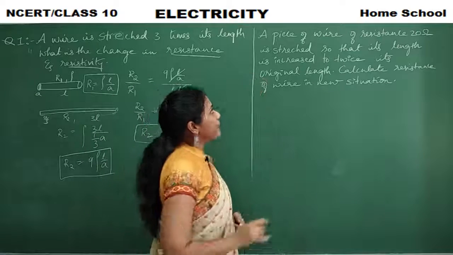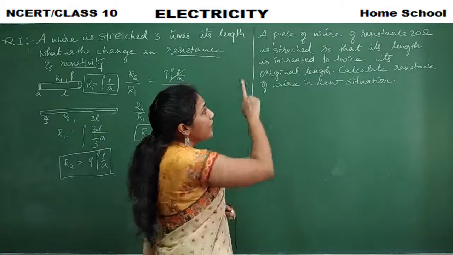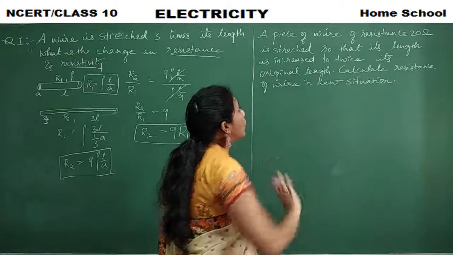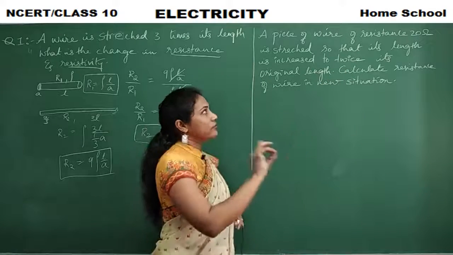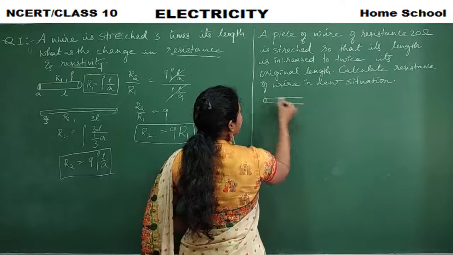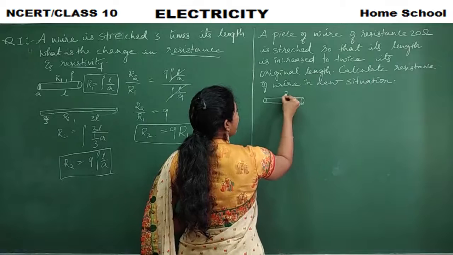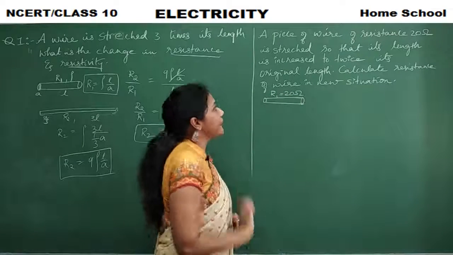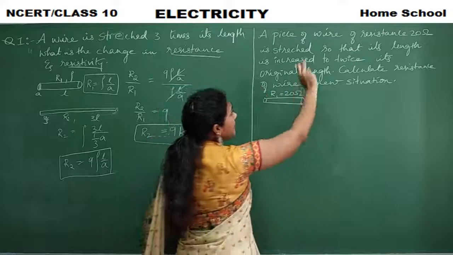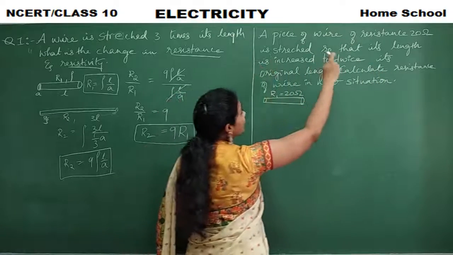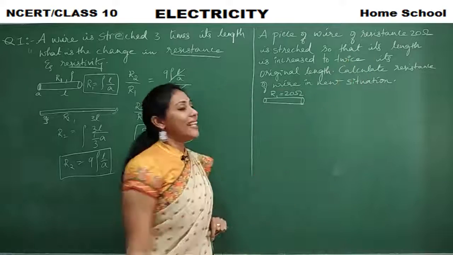So again, a similar type of question. You can see a second question here. A piece of wire of resistance 20 ohm is stretched. Again here you have a piece of wire, right? And its resistance was 20 ohms. Let me take its resistance as R1, 20 ohms. And this is stretched so that its length is increased to twice its original length.